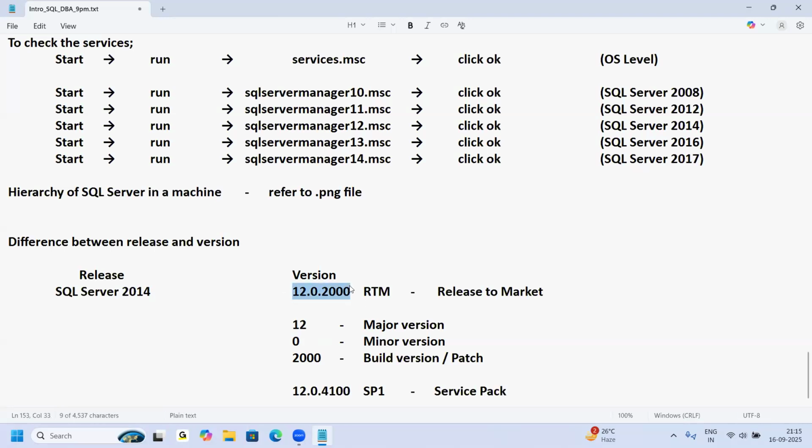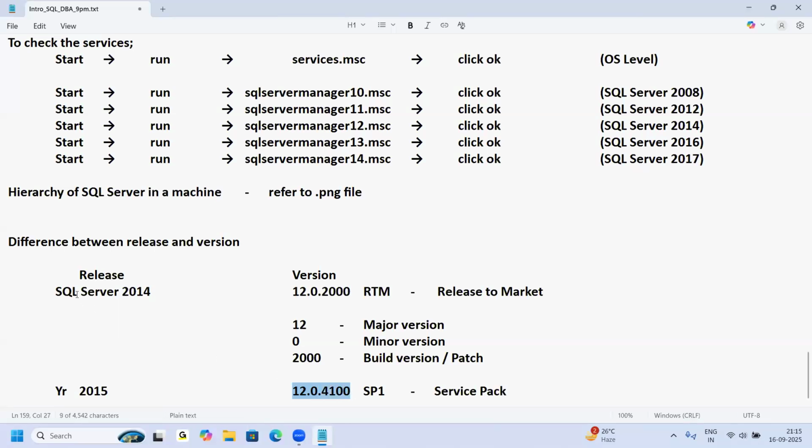Say, for example, it took them until 2015 to introduce this. In the year 2015, they introduced Service Pack 1. The number is 12.0.4100.